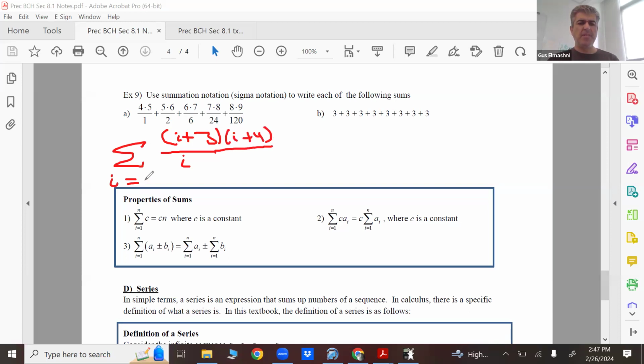Does that make sense? i goes from i equals 1. That should be a factorial. The bottom should be a factorial: 1, 2, 6. Yeah, that makes sense. Does the top make sense? Yeah, 5. The top makes sense.